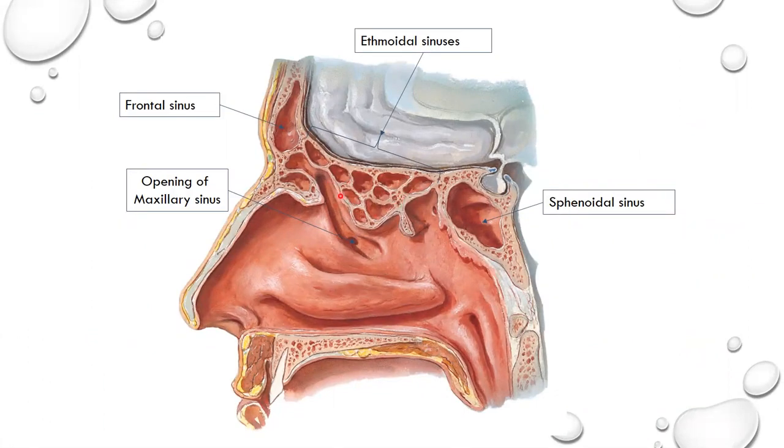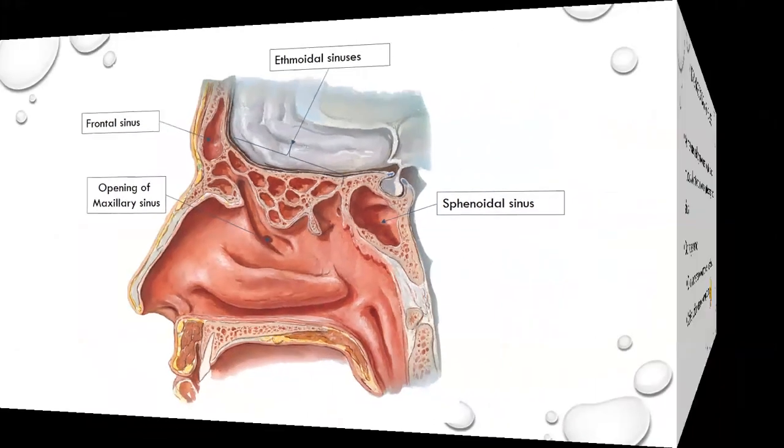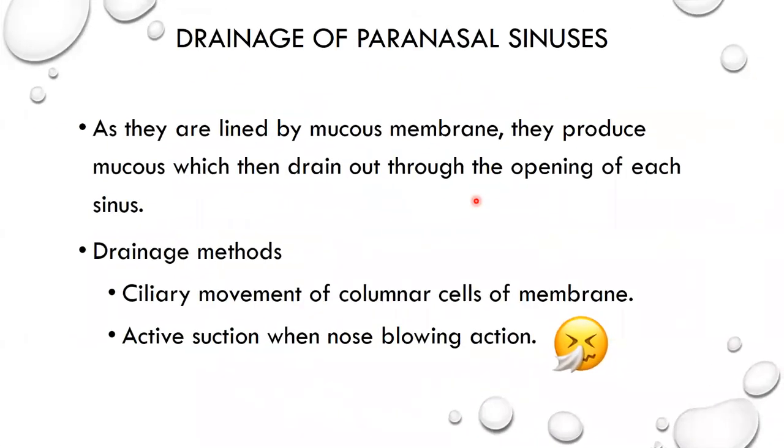Ethmoidal sinuses, frontal sinus. The maxillary sinus is actually on the lateral side of the nasal cavity, so you can only see its opening here, and the sphenoidal sinus. Okay, the paranasal sinuses are lined by mucous membrane.